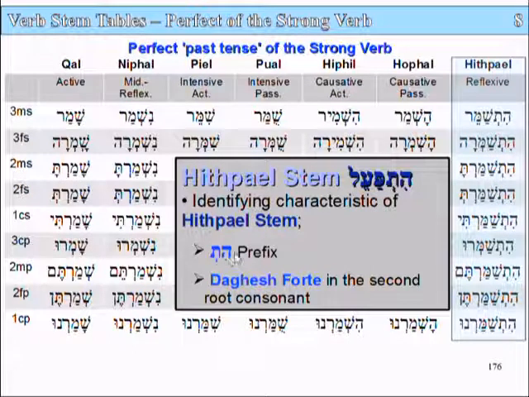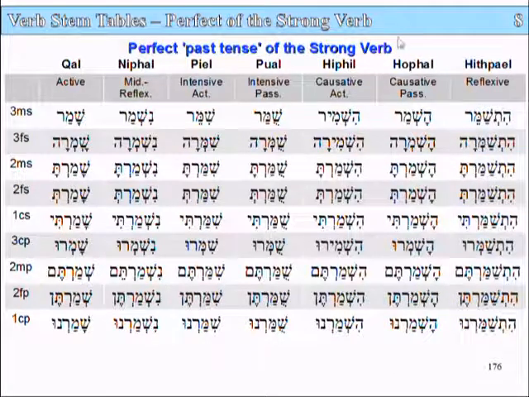It has the hey, tav prefix with the chirik and vocal shva here. Hitshamer. And it has a dagesh forte in the second root consonant, just here, the second radical. Shamer, with a dot there, dagesh forte. So, there we go. That's the perfect past tense table of the strong verb for all the different verb stems.